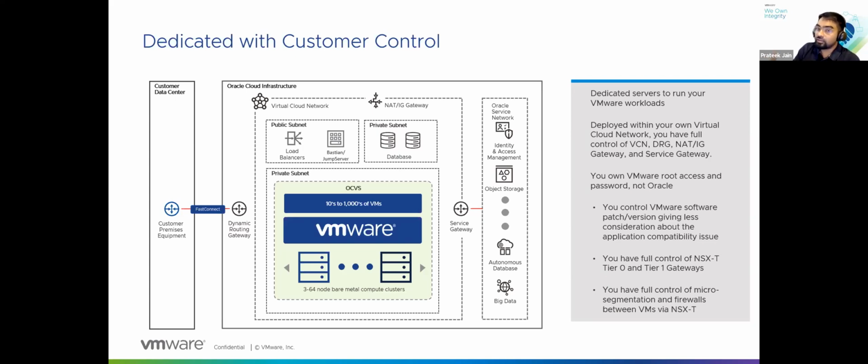Then the T0, T1 routers in OCVS and the NSX DFW modules, you have complete access to. And you can integrate your own IPAM solutions onto the OCVS SDDC and have complete control of your infrastructure.